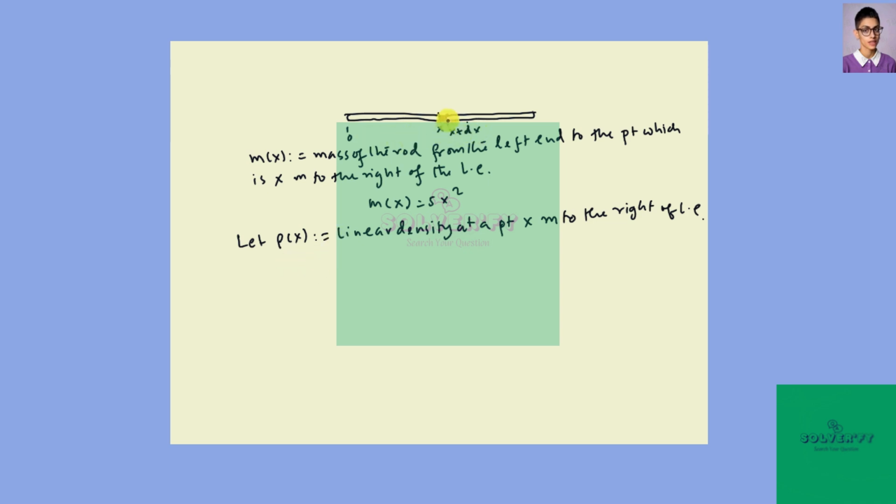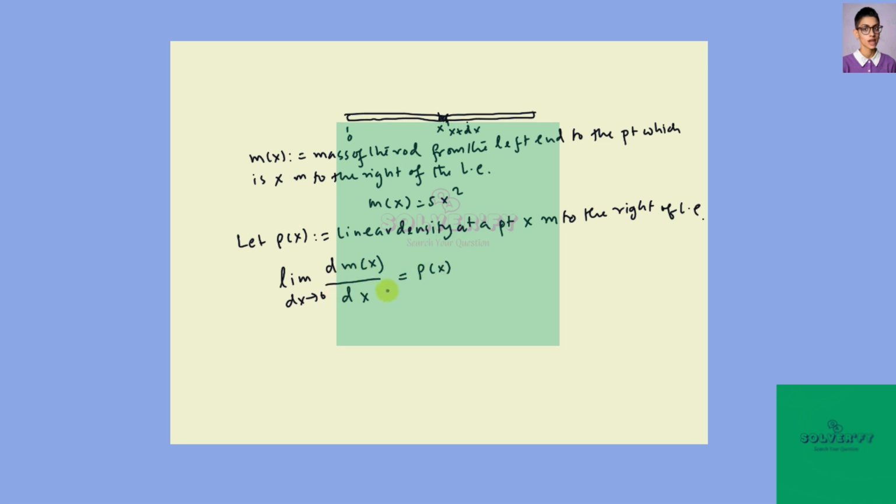Then the mass of this portion of the rod, which we denote by dm, is the change in the mass of the rod. This divided by the length of this portion of the rod, dx, in the limit as dx goes to 0, is equal to the linear density of the rod at this point. We should have used delta instead of d, but let us move on.